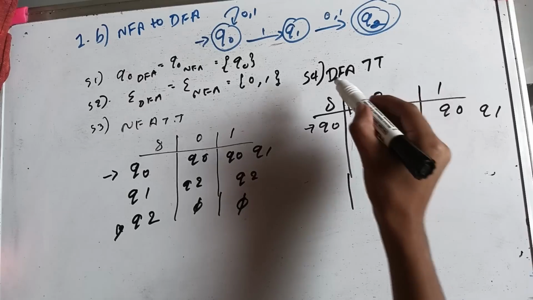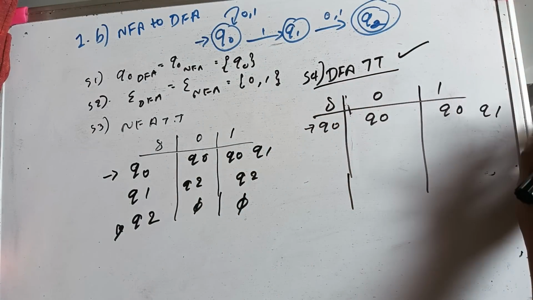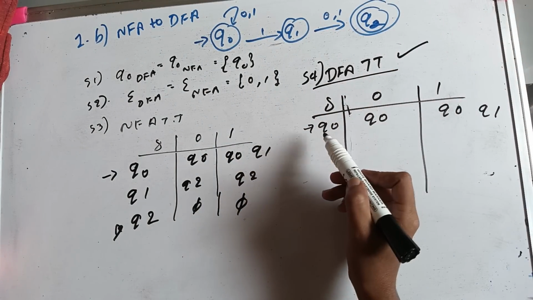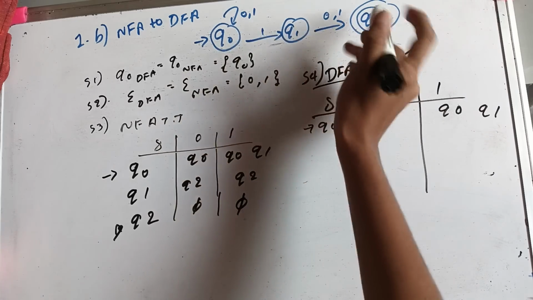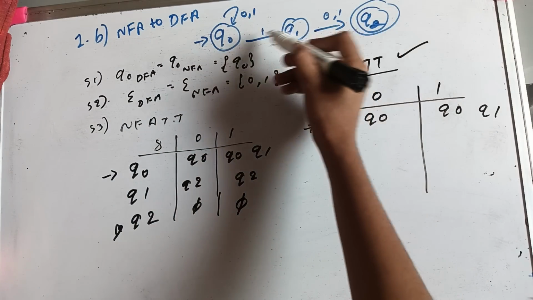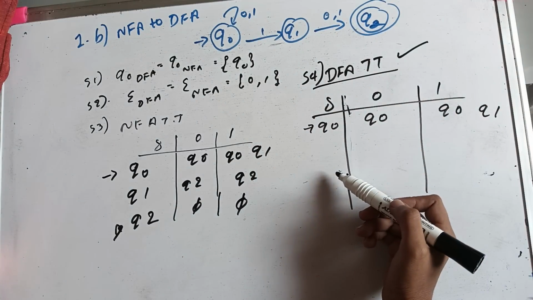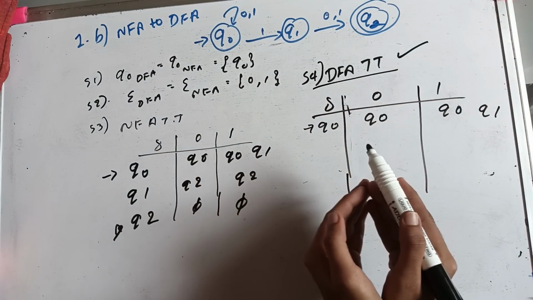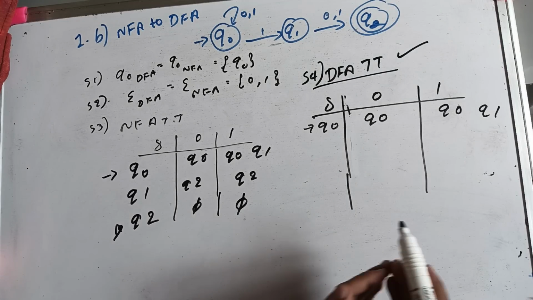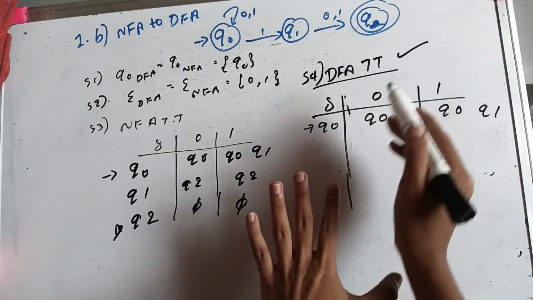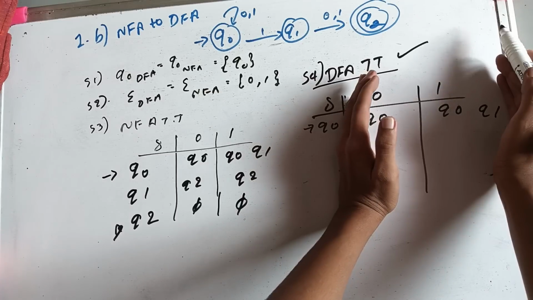Next, the DFA transition table, this is important, okay. In the subset construction method, we write all possible states of Q0, Q1, Q2, and after that we take the subsets: Q0 and Q1, Q0 and Q2, Q1 and Q2, and Q0, Q1, Q2. But in the lazy evaluation method, we only check this side.